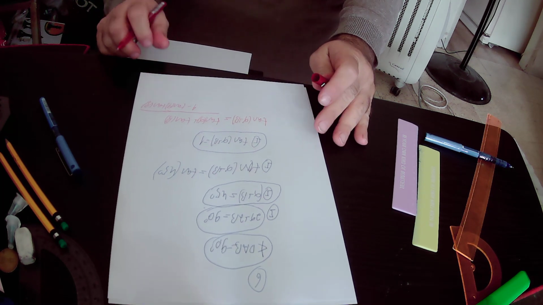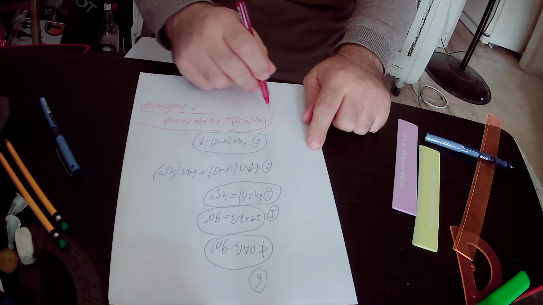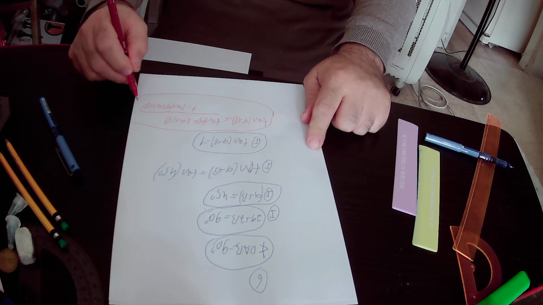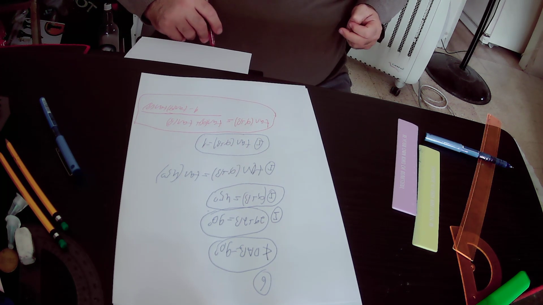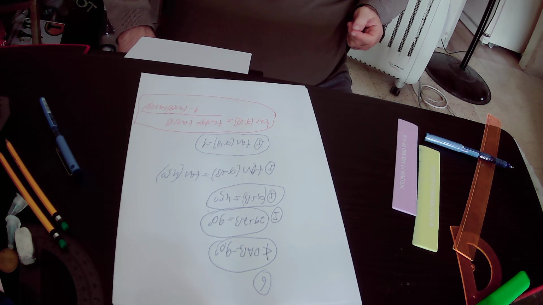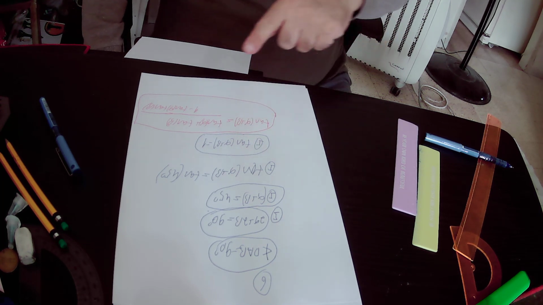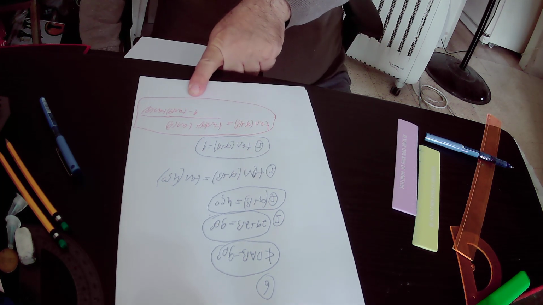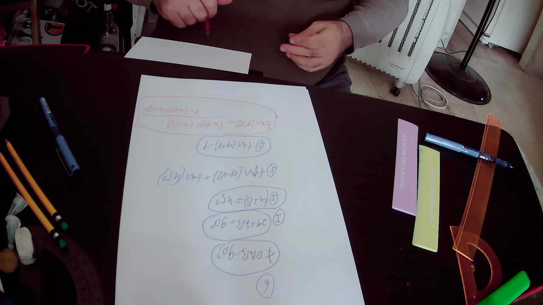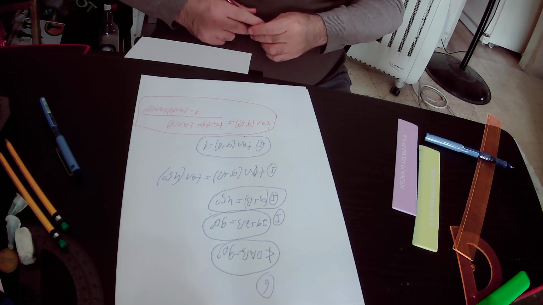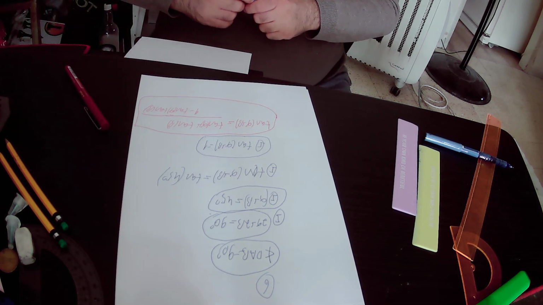Okay, so you can substitute the value of tangent alpha plus beta in equation number 1 by this expression, because this expression equals tangent of alpha plus beta. So we will do it now.